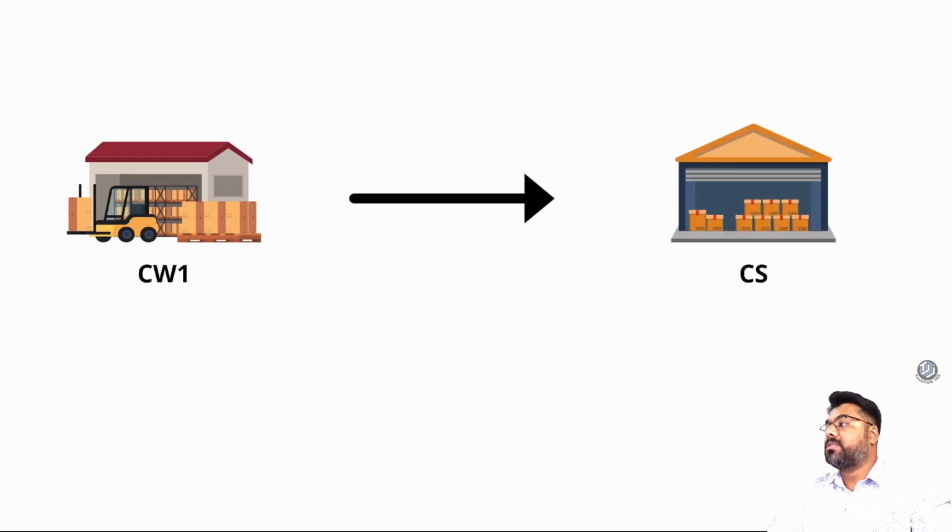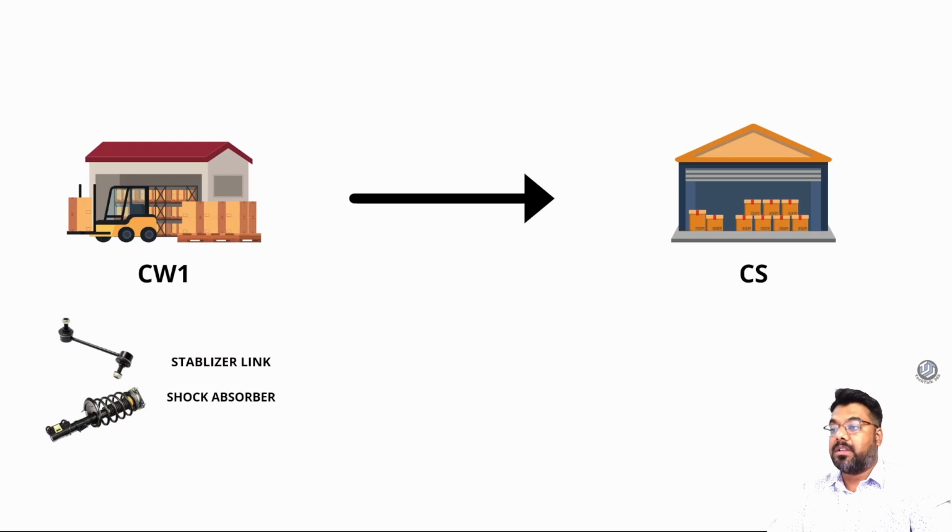The CS warehouse cannot wait for the vendor to supply that particular spare part, because the lead time to deliver the spare part from the vendor is too high, and the customers are very high priority customers waiting for the order to be delivered as soon as possible. The parts are the stabilizer link and the shock absorber.